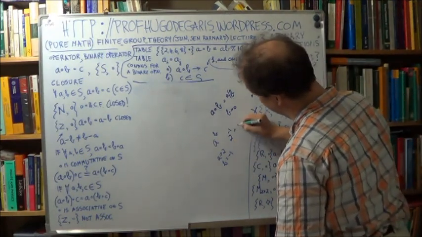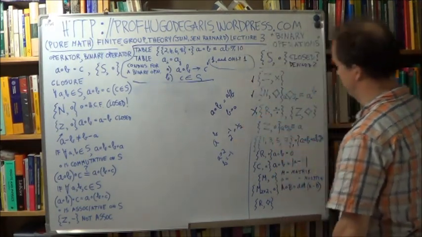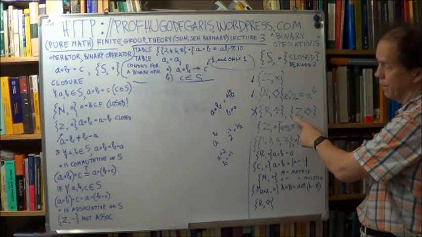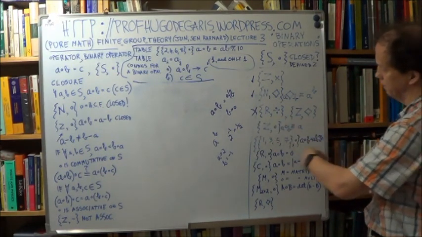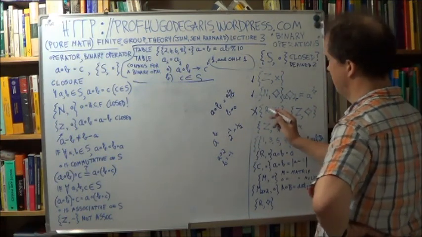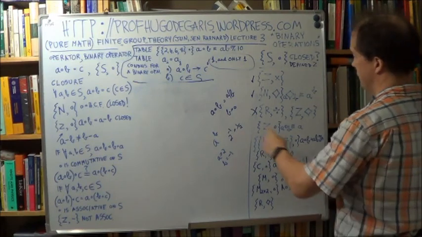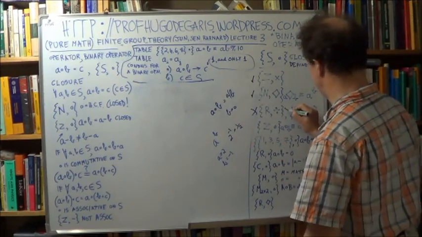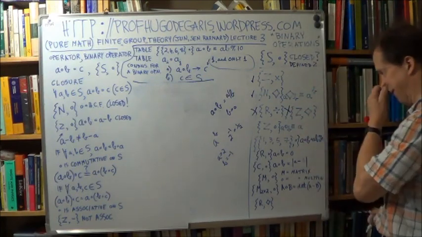Now that's just a half, right? Now a half is not an integer. So we found a case where this doesn't work. So the binary operation isn't closed for all ordered pairs. So this fails. Okay, that doesn't work.